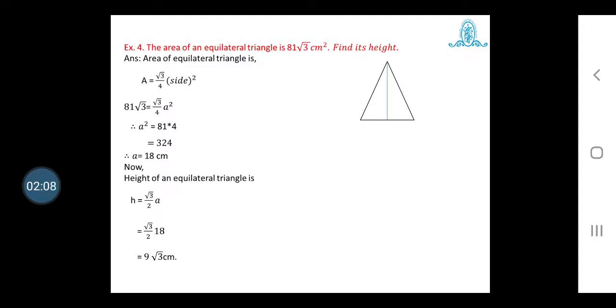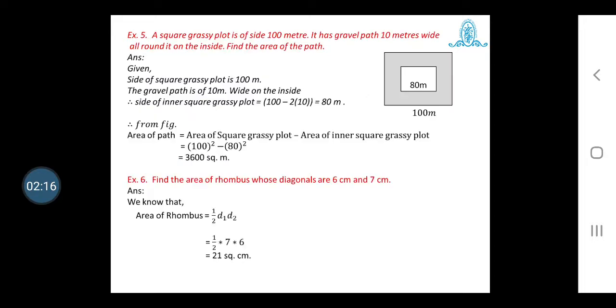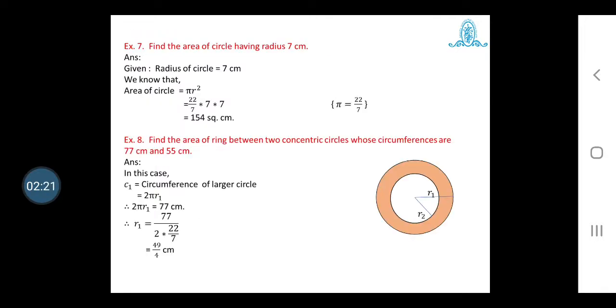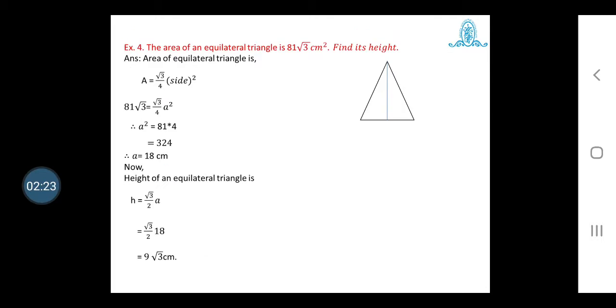So, substitute the value of area of equilateral triangle, which is 81 into root 3. After substitution, if we transfer root 3 by 4 from the right side to the left side, it becomes 4 upon root 3. So, root 3 will get cancelled and remaining is 81 into 4, and in the left side it remains a square only.